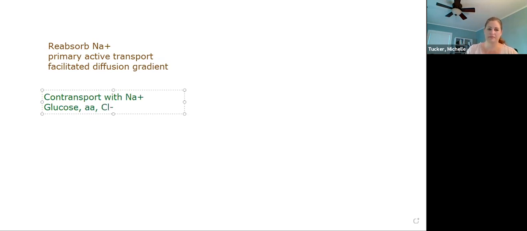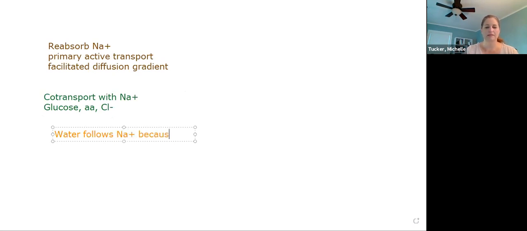So then we get co-transport. And because we've moved sodium, now water follows. Water follows sodium because of osmosis.